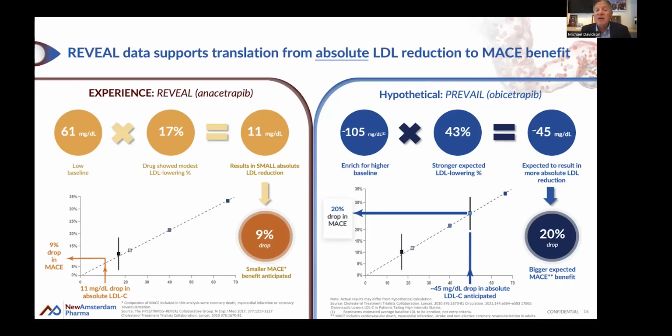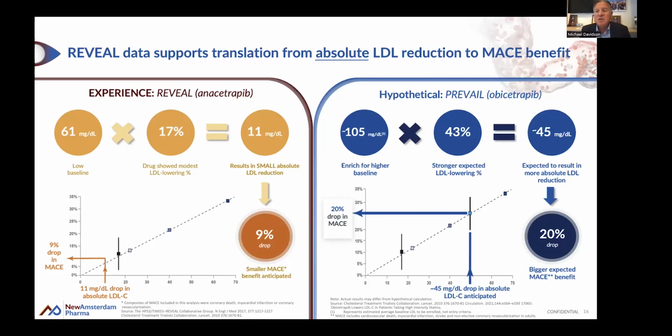If you look at the higher tertile, LDL above 70, there was a 21% LDL lowering, a 22 milligram per deciliter drop in LDL, and a 17 to 18% relative risk reduction. So in the upper tertile, still relatively low LDL, but with a greater absolute LDL lowering, you saw this 17 to 18% relative risk reduction.